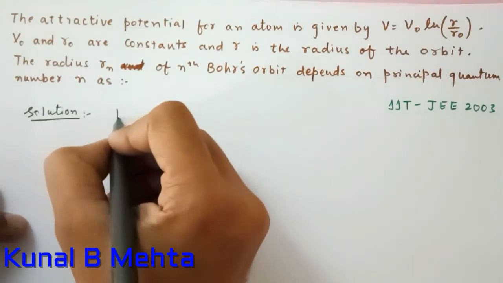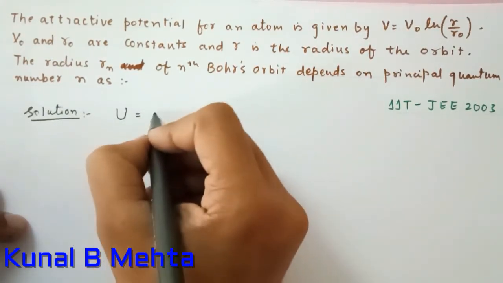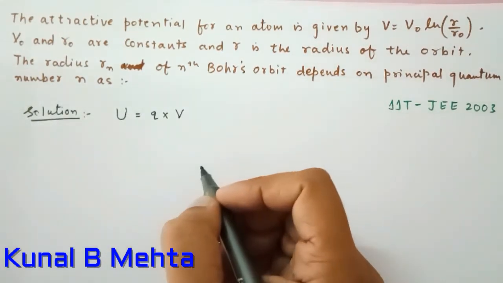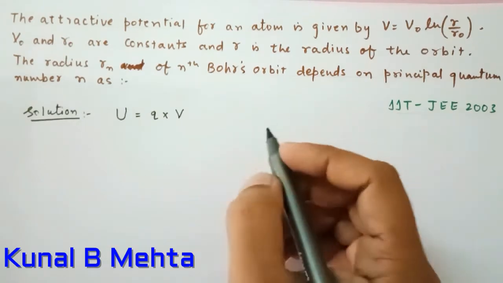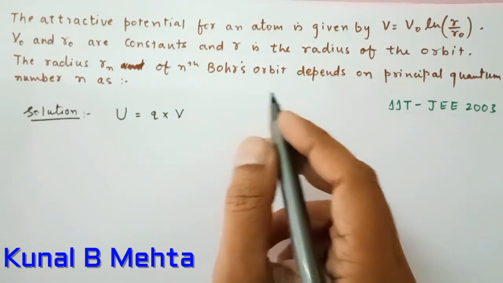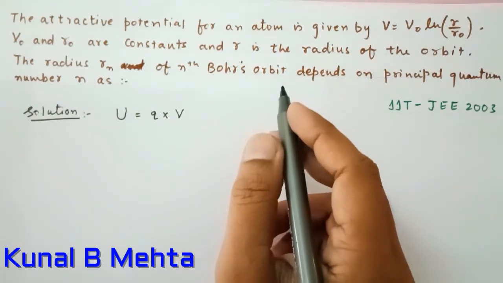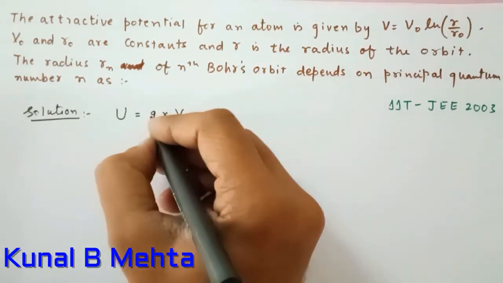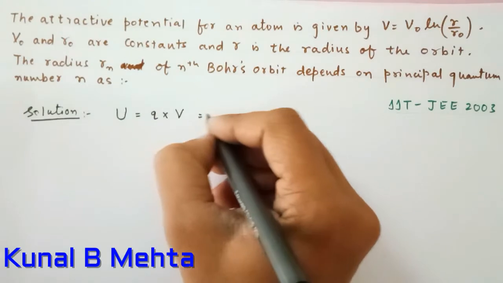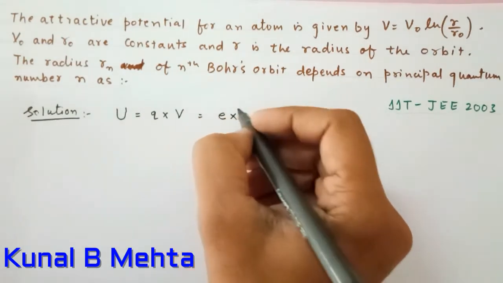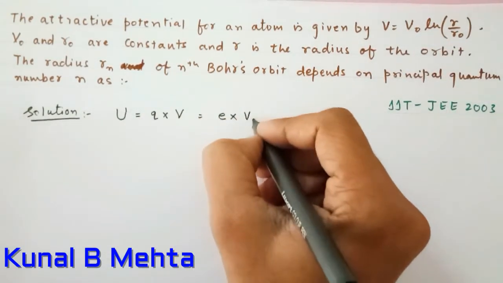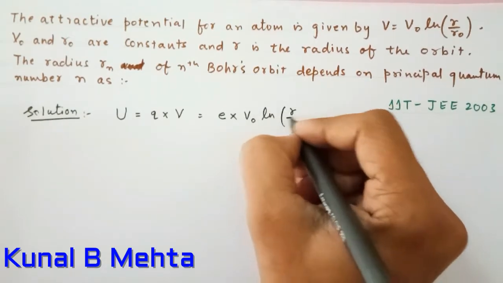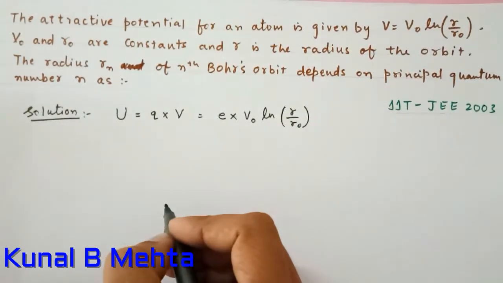So we know that the potential energy is equal to charge times the potential. Considering a single electron, we are talking about hydrogen-like atoms, so we will consider a single electron. So Q becomes e, so potential energy becomes e times V, and V is equal to V0 ln R upon R0.